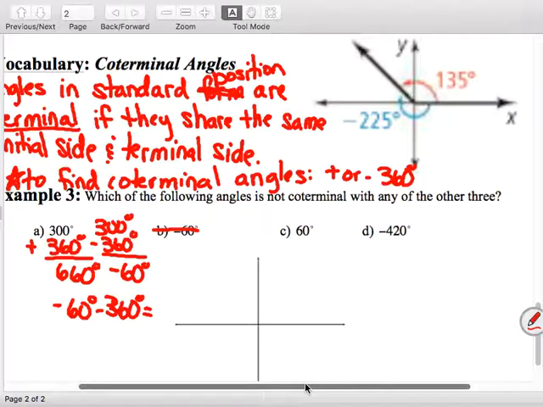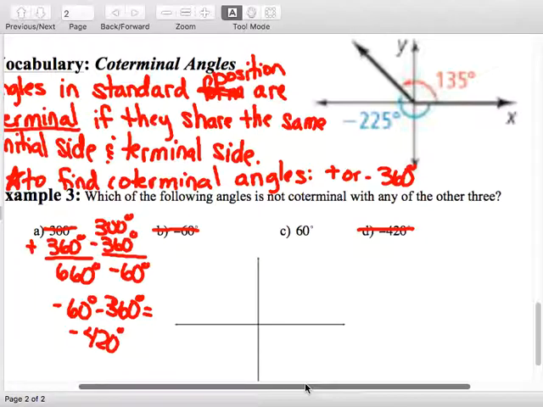What do you get? Hey, that's in my list, right? So 300, negative 60, negative 420 are all coterminal. So, Joshua, if I take 300 and negative 420, does that add to 360 in any way? Not exactly. No, it doesn't. So I suspected that might be a problem for us.